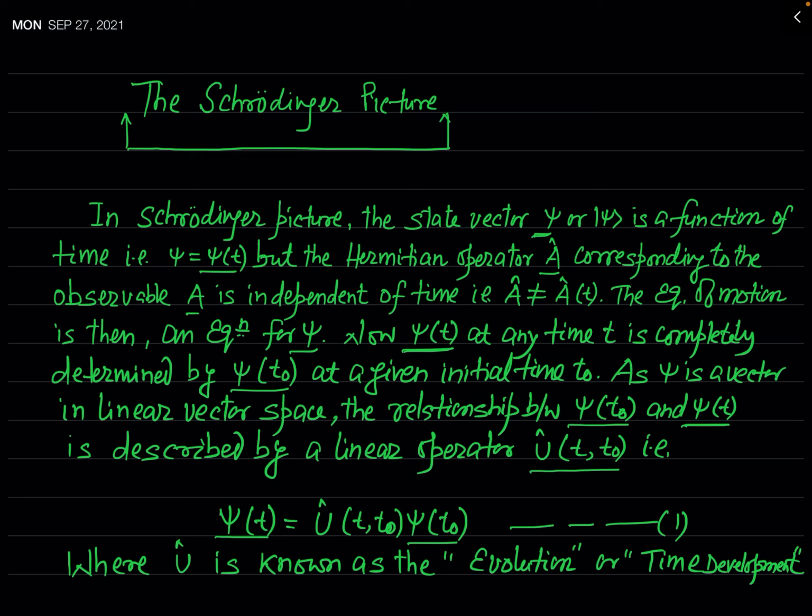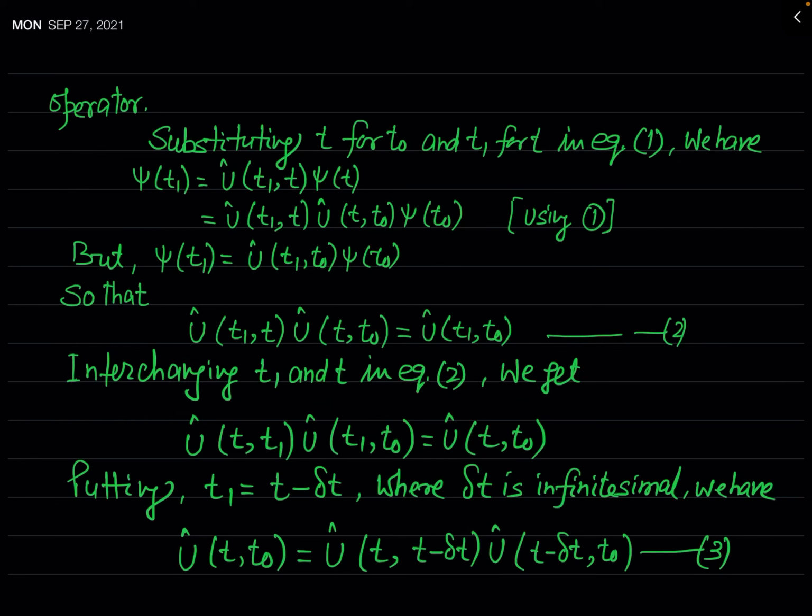Instead of psi of t, you may also write ket psi, but it is not very necessary, so I have not written ket psi here. This U hat operator is known as the evolution operator or time development operator.